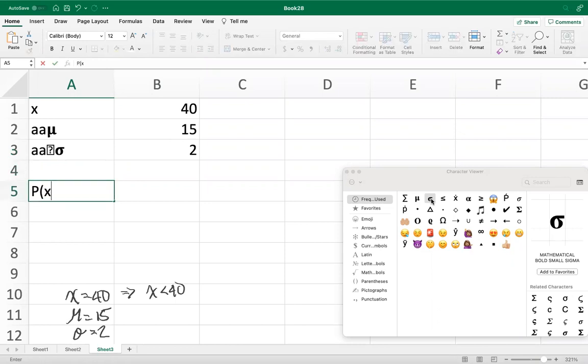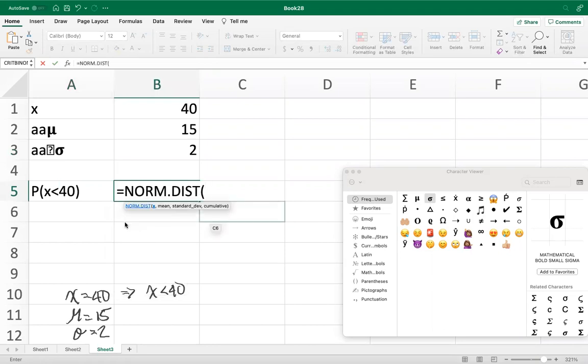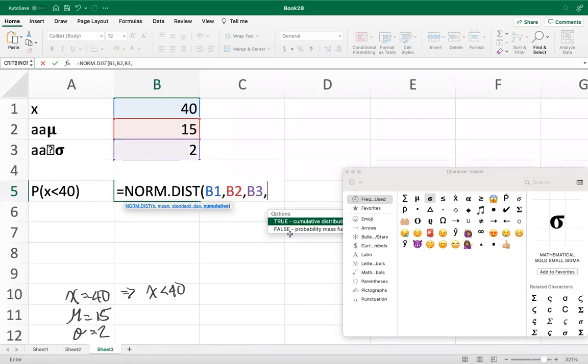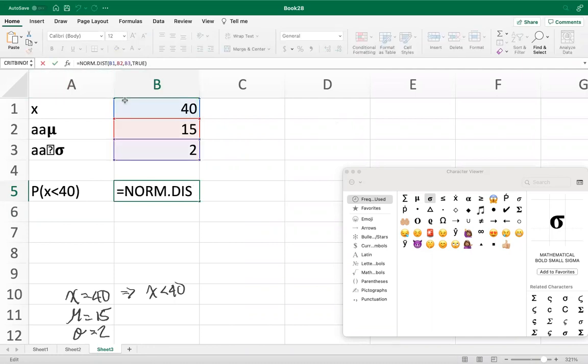The probability of x being less than 40 is equal to normal distribution with an x of 40, mean of 15, standard deviation 2, cumulative true. And this is equal to 1, but because we don't have those values, let's try 1 minus all of this.